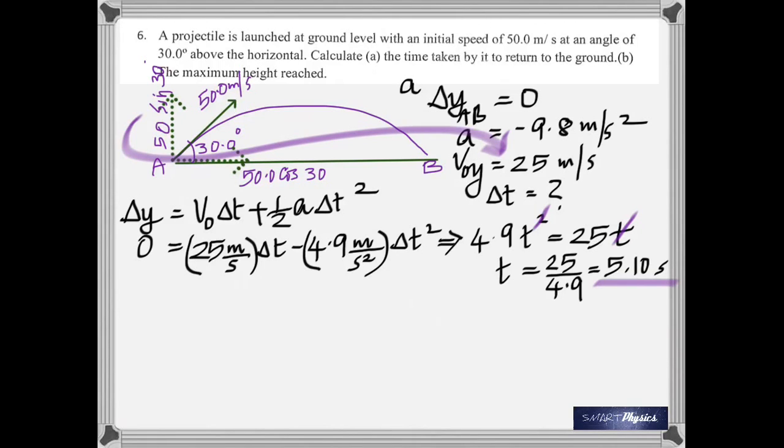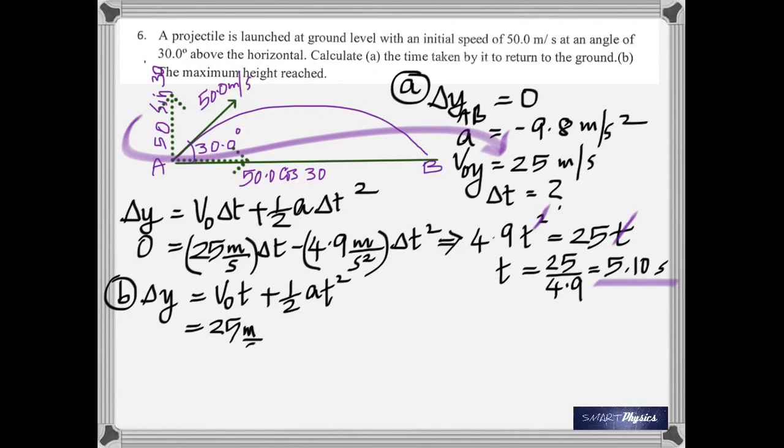Next, you have to find the maximum height reached. Okay, in the B part, to find the maximum height reached, use delta y is v naught t plus 1/2 a t squared. So that is 25 times 2.55 seconds. Why 2.55? Because that is half of 5.10.